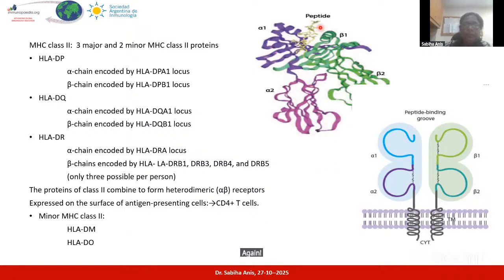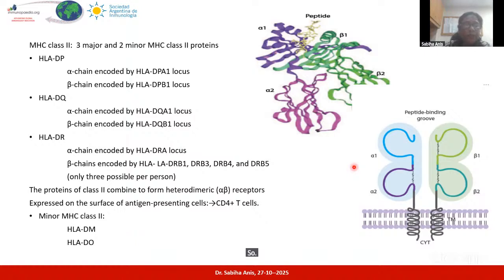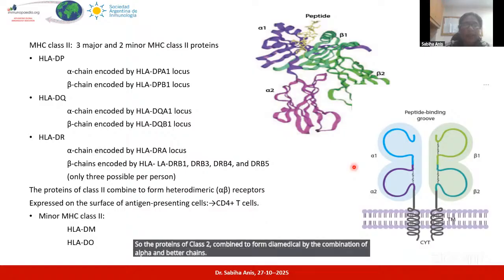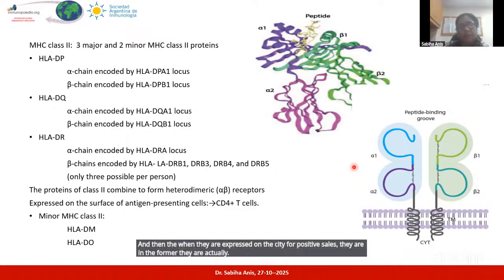Again, there is a peptide in the peptide binding groove, and this makes it heterotrimeric, which is then expressed on the cell surface to present antigens to the CD4 positive T cells. The proteins of class 2 combine to form a heterodimer by the combination of alpha and beta chains, and when they present to the CD4 positive T cells, they are heterotrimeric.